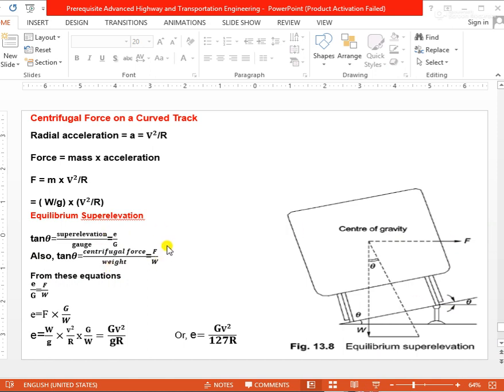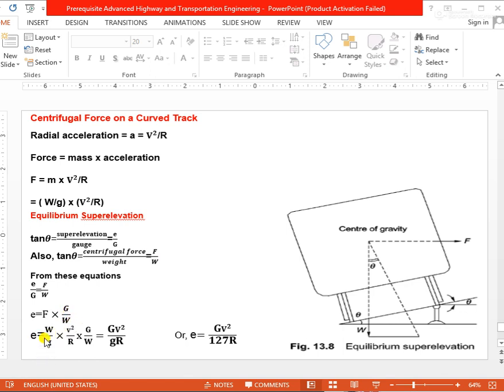F, centrifugal force, is capital F, weight is W. And from these equations, E by G equals F by W. E is the super elevation. So, super elevation equals F into G by W, gauge by weight of the vehicle, or weight of the engine, weight of the bogie, whatever.